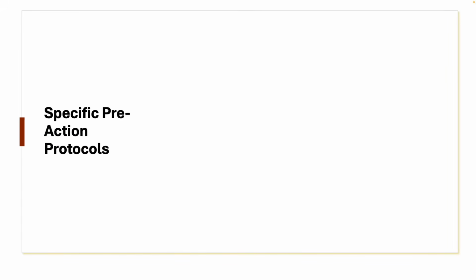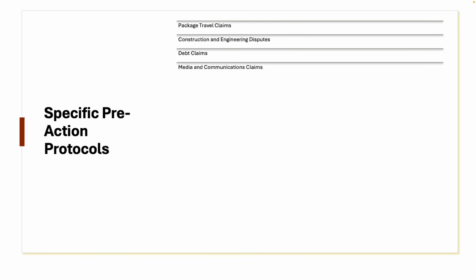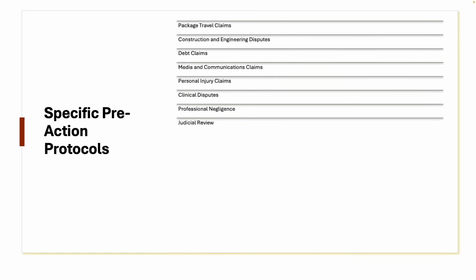So specific pre-action protocols concern the following different issues. Package travel claims. So if you wanted me to do one on that, then I'm sorry, you're sorely disappointed, I'm sure. Construction and engineering disputes, debt claims, media and communications claims, personal injury claims, clinical disputes, professional negligence, judicial review, of course, is what we're going to be doing here.